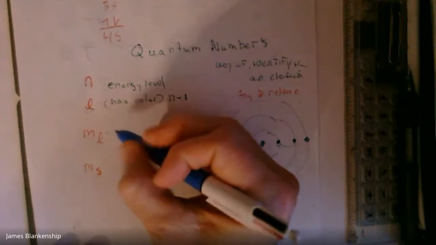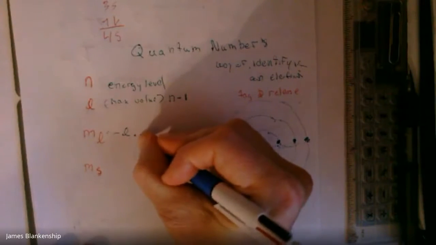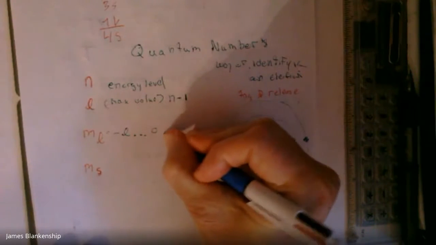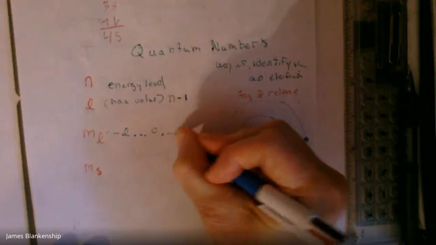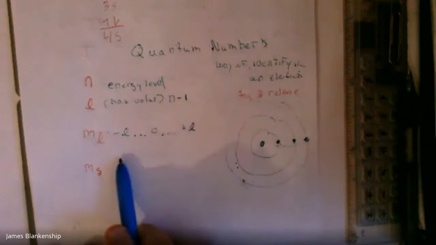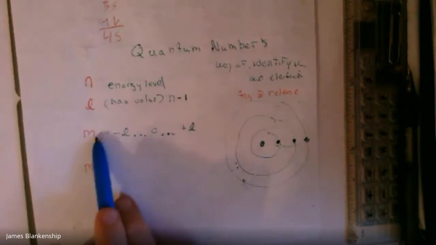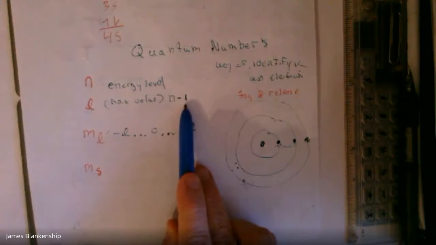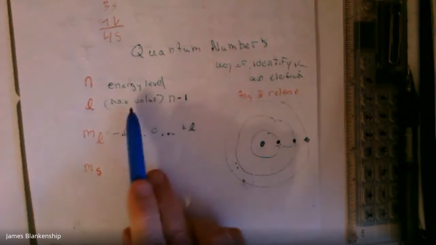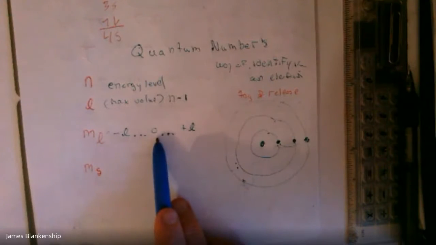Now, our M sub L value will be negative L to 0 to positive L. So whatever your L is, your M sub L has to be between the negative of the L and the positive of the L, or 0.